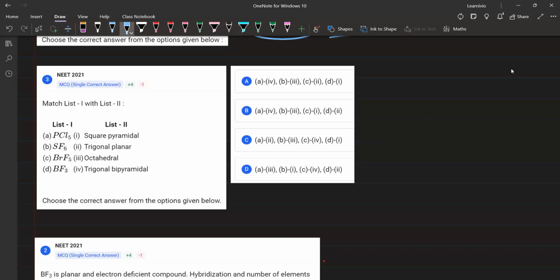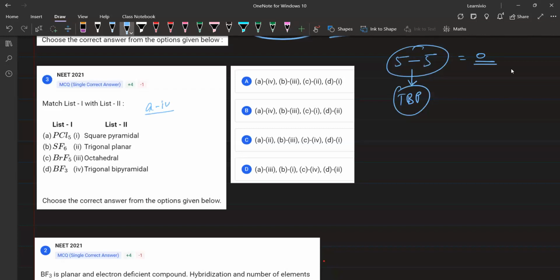The number of valence electrons in phosphorus is 5. And all of these valence electrons are being used in the bonding, because we are having 5 bonds. So that means we are going to have 0 non-bonding electrons. If I have 5 as the steric number, then the shape of PCl5 will be trigonal bipyramidal, TBP. So for A, we have trigonal bipyramidal A4.